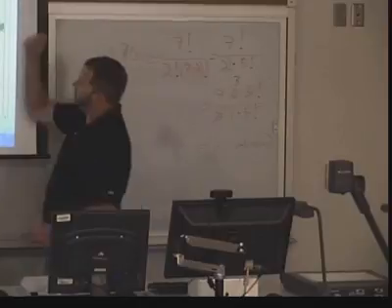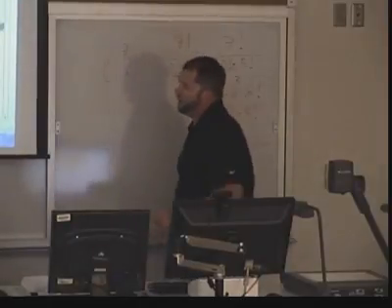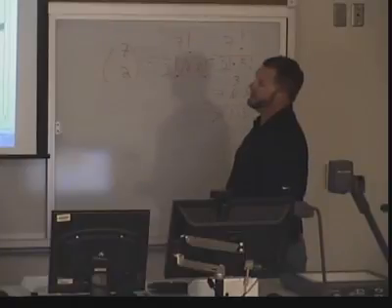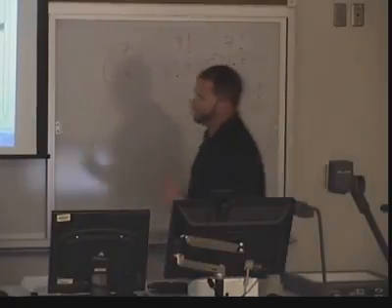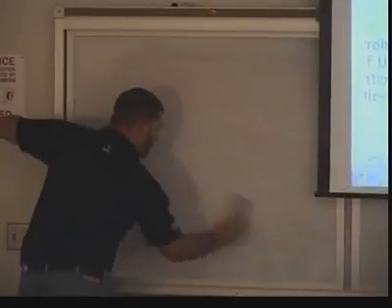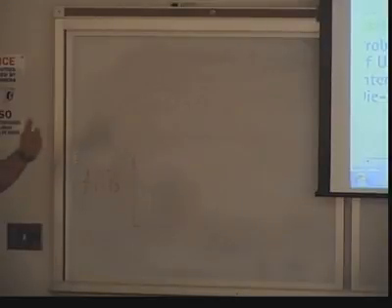Consider a die-toss experiment in which the following events are defined. Toss an even number is event A. All right, so we're rolling a 6-sided die. So let's draw up a Venn diagram. And rather than put a dot and the number, I'm just going to put the number. So 6-sided die, what are my 6 outcomes?